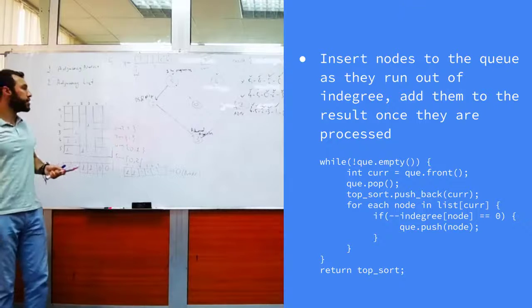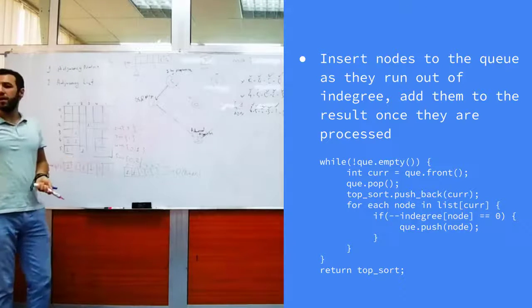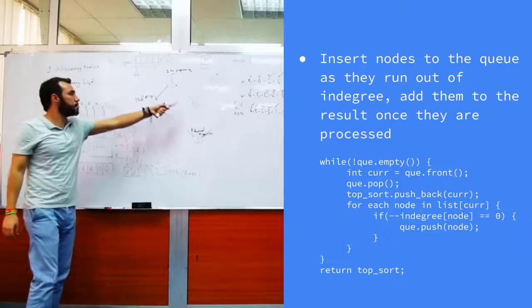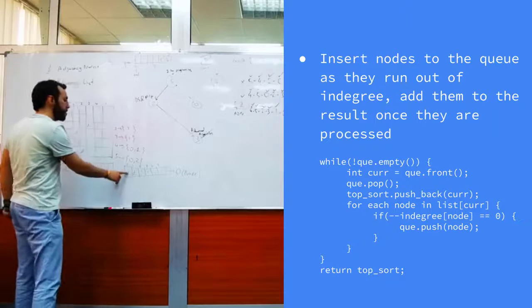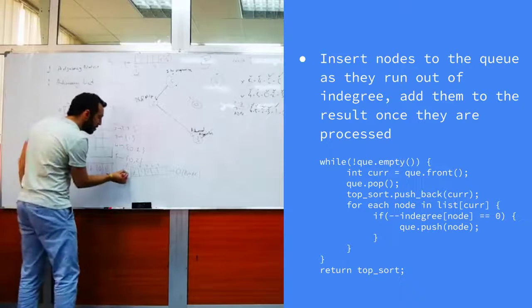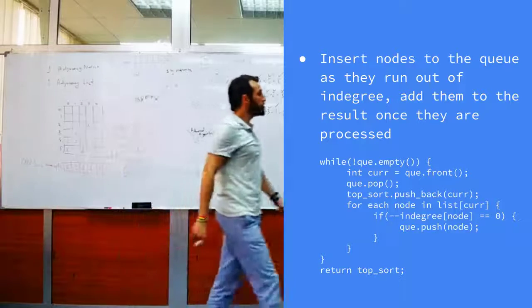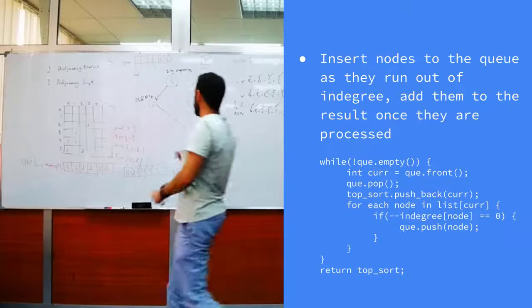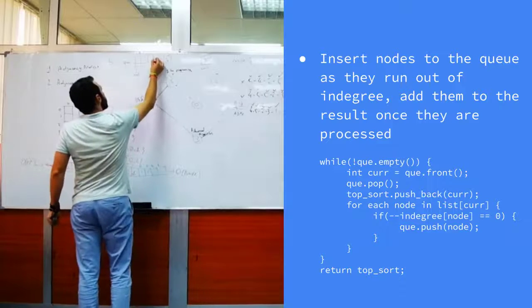Once we do that, what happens in my indegree array? We decrease the incoming edge count for 0 by 1, and now this is down to 0. What happens when it is down to 0? It's pushed into the queue. Therefore, I will have the 0 over here, right?